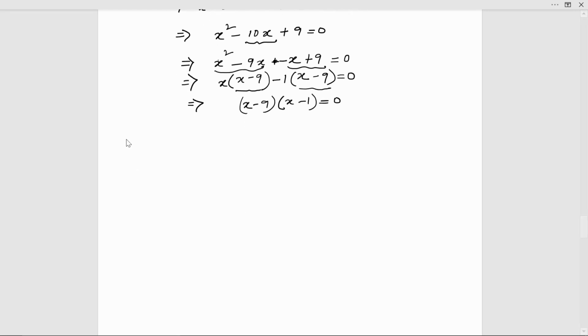So now I have two equations. x − 9 equal to 0, or x − 1 equal to 0, which gives me x equal to 9, or x equal to 1.